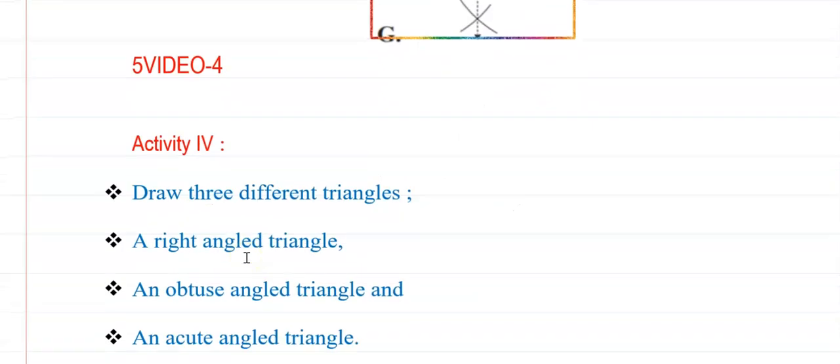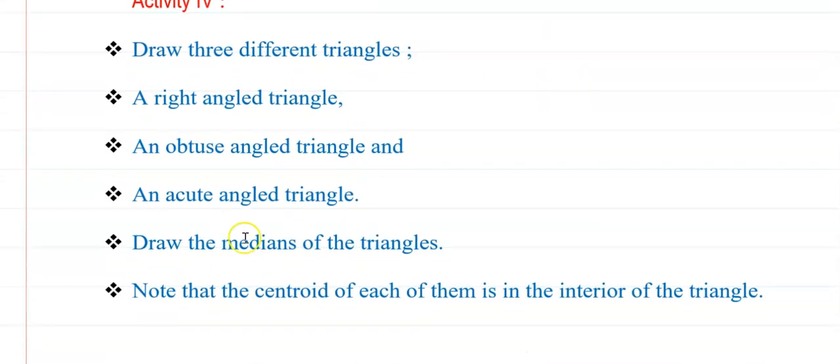Next activity: draw different triangles, that is a right angle triangle, an obtuse angle triangle, and an acute angle triangle. Draw the medians of the triangles. Note that the centroid of each of them is in the interior of the triangle. But what about the altitudes?